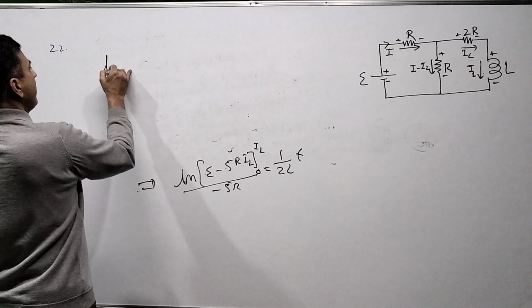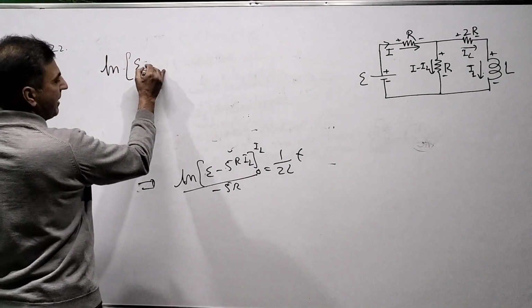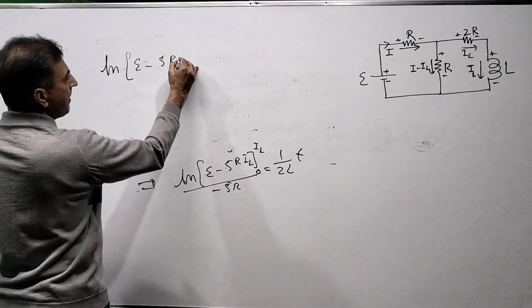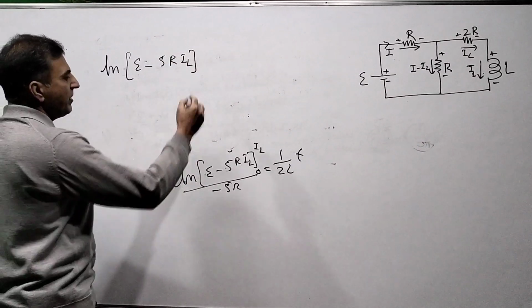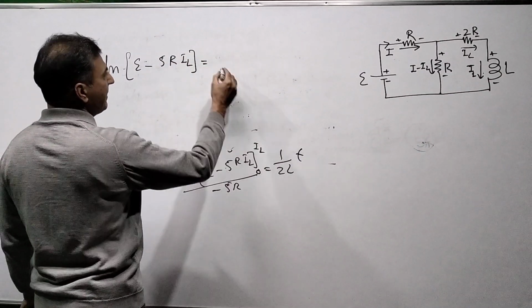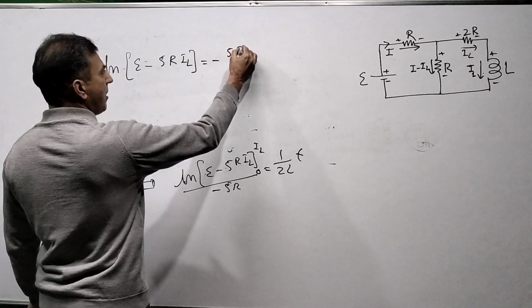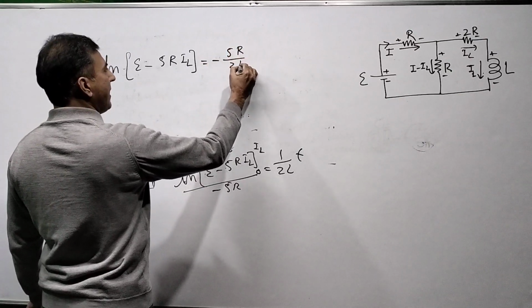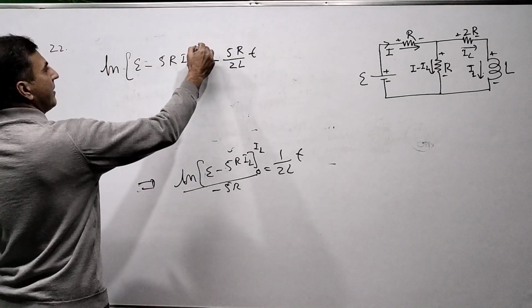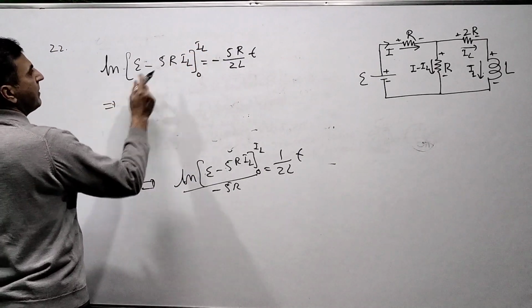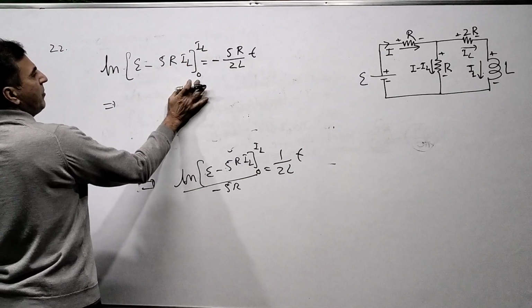तो it is ln of E minus 5RIL is equal to, ये यहां जाएगा, that is minus 5R by 2L and T. Okay, मगर it is 0 to IL. तो पहले ये वैल्यू देना पड़ेगा, फिर माइनस करके ये वैल्यू देना पड़ेगा.